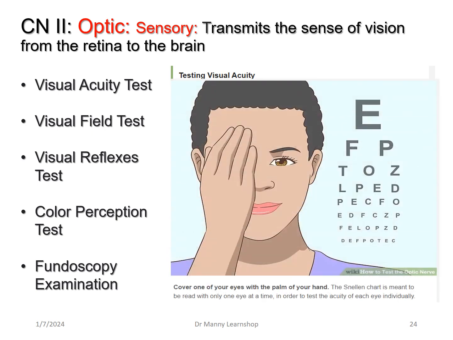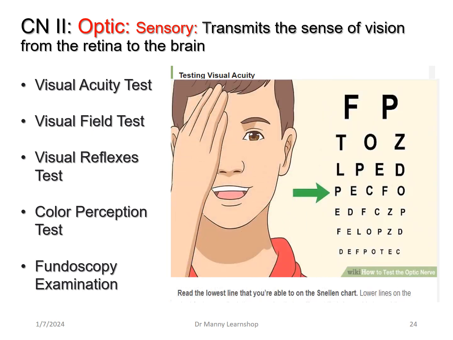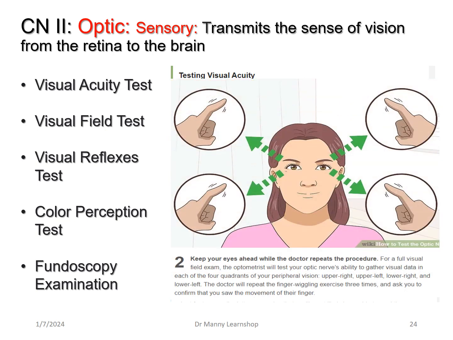Here's an example of now the visual field test using the Snellen chart again. Here's an example of visual acuity, where now we're looking at the field of vision.